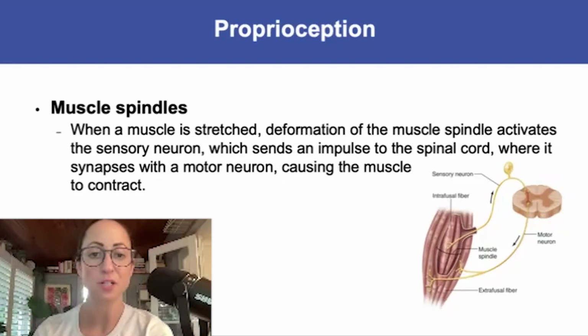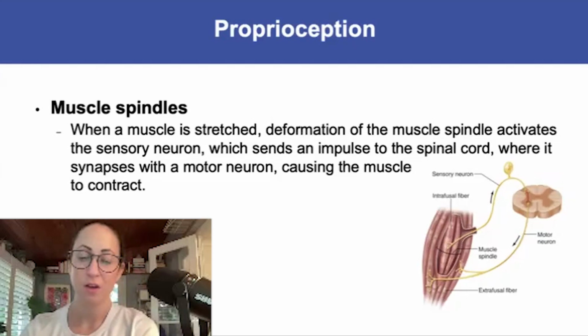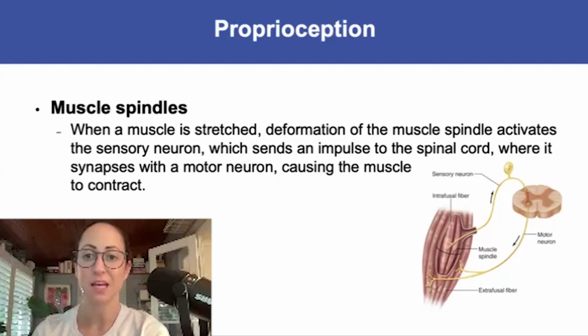And you can see on the screen here, it's a simple reflex arc. The muscle fiber, the intrafusal fibers inside the muscle, are going to detect a length and rate of change in the length of the muscle. It's going to send that information through a sensory neuron, where it goes to the spinal cord to synapse with a motor neuron.